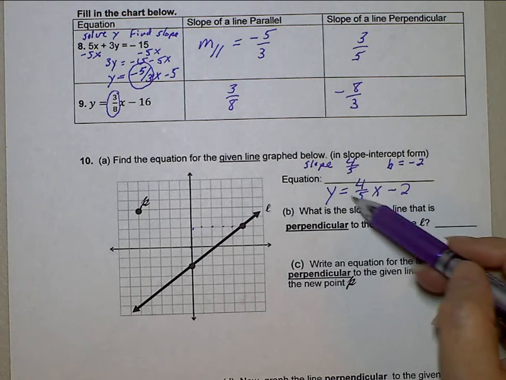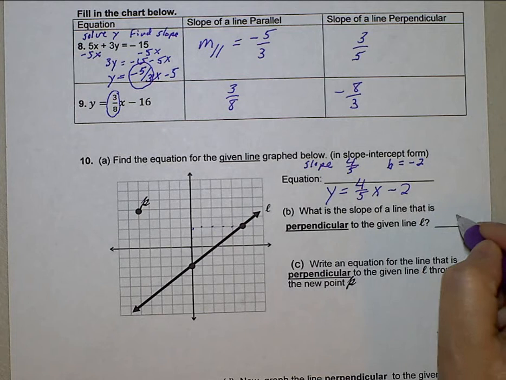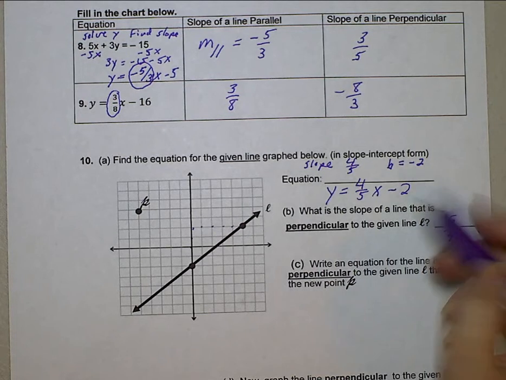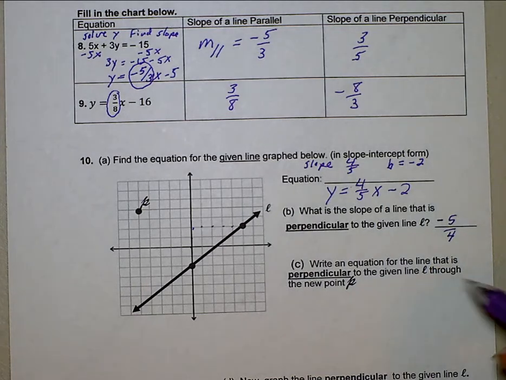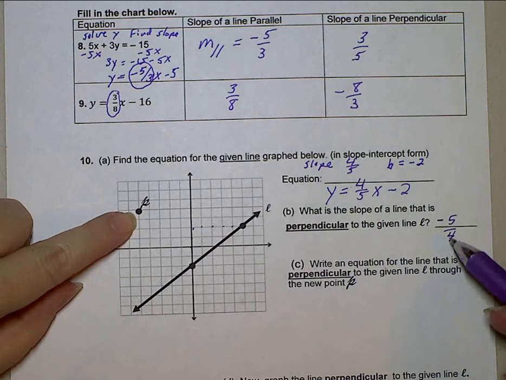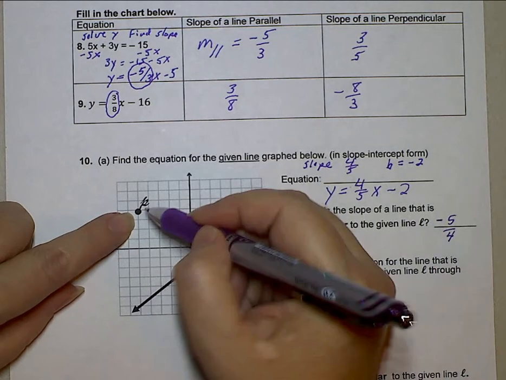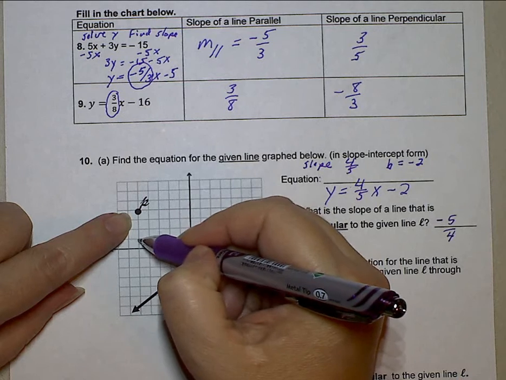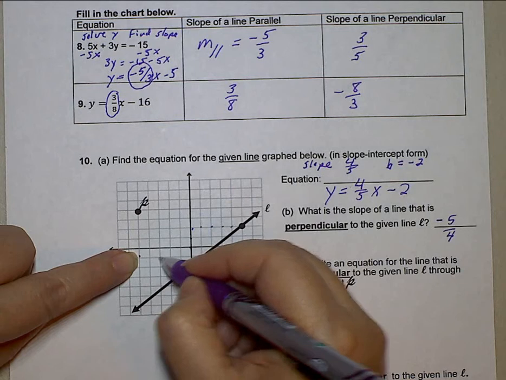It says flip the fraction, so it's 5/4, and change the sign, so that's positive, so now it's negative. Now write an equation through this point, this perpendicular. So we're finding the equation of this line, -5, down 1, 2, 3, 4, 5, right 4, 1, 3, 4.